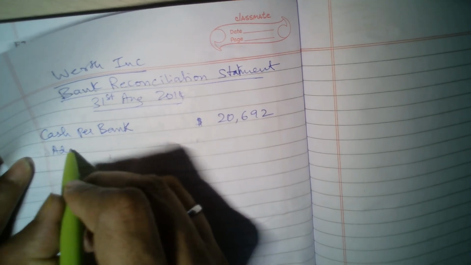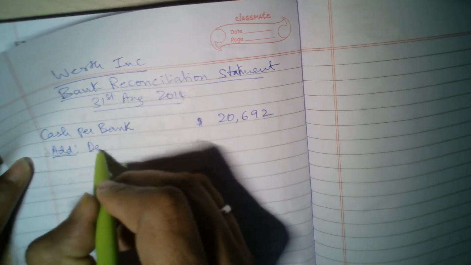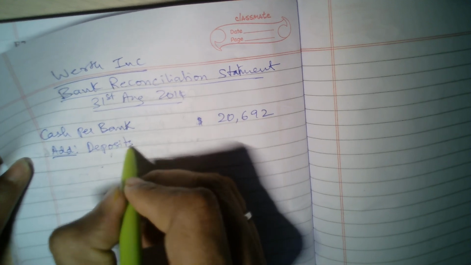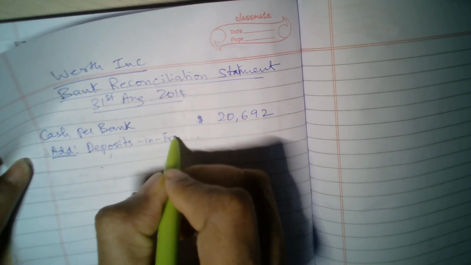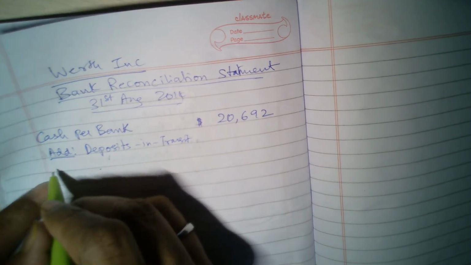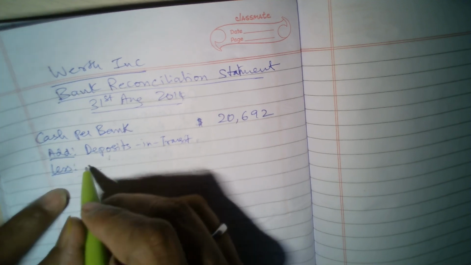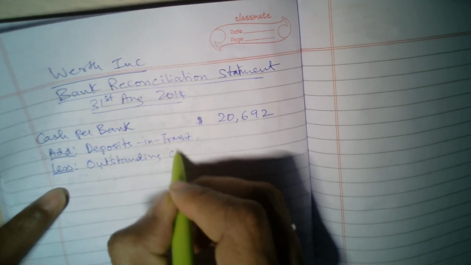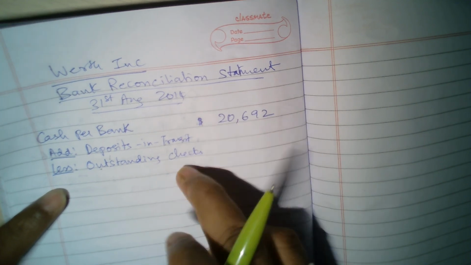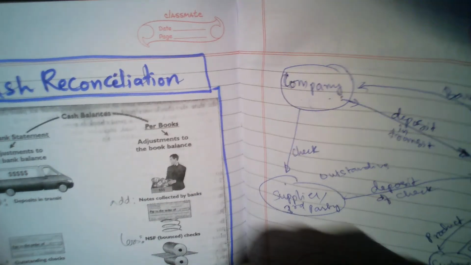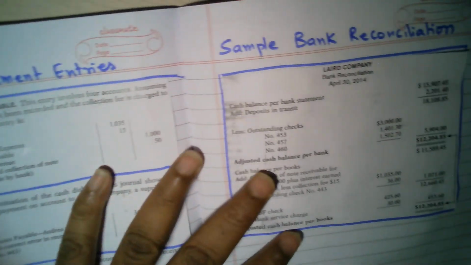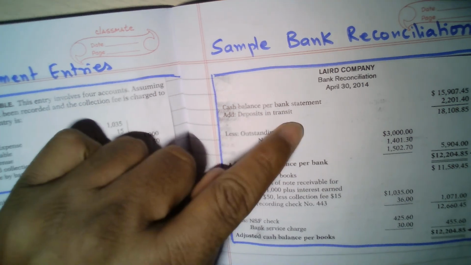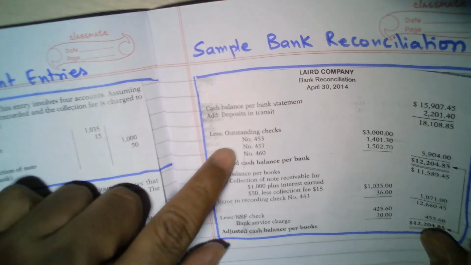Next I have to add deposits in transit, and then I have to subtract outstanding checks. Again, these two steps are there in the template. If you look at our standard sample bank statement, first we have to add deposits in transit, and then remove outstanding checks.